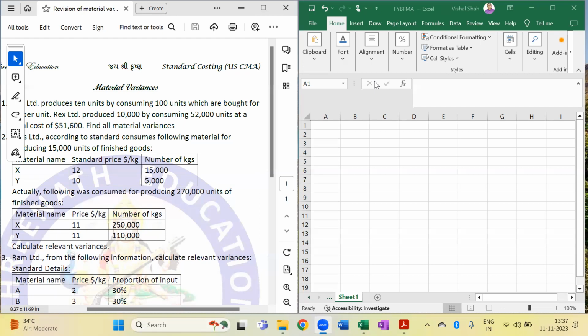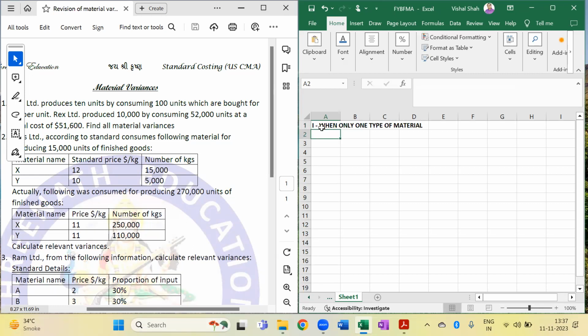Now, the very first type, as Mayank rightly stated, is when there is only one type of material.